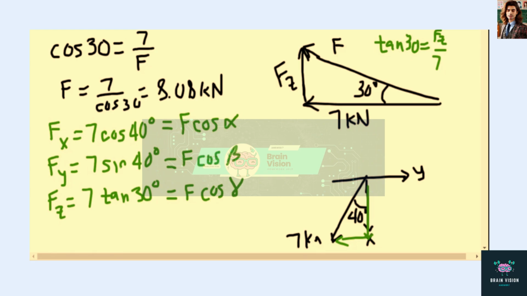So from the first equation, I can get alpha equals the inverse cosine of 7 over F cosine 40.